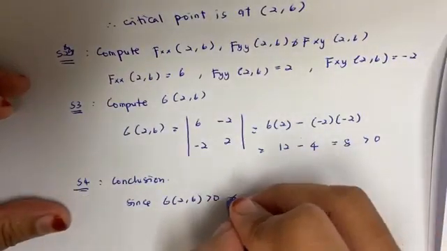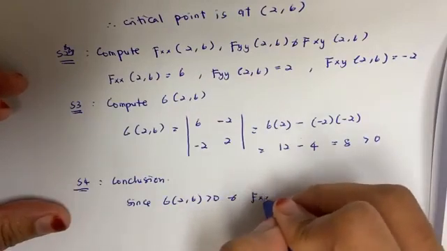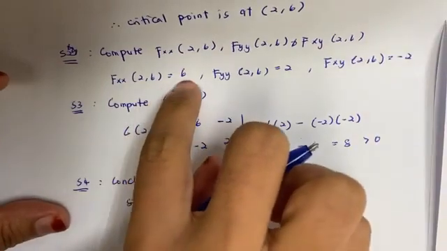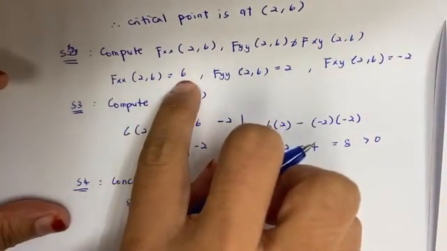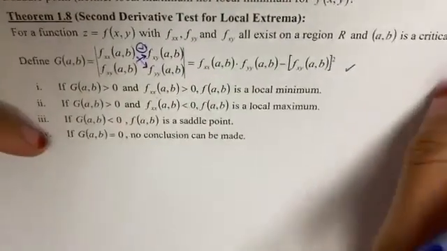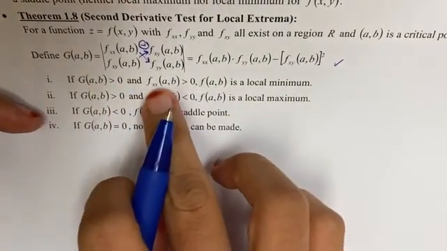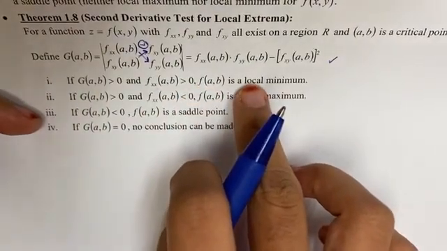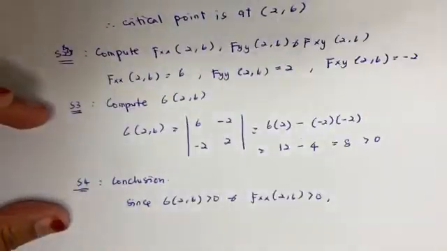And next, look at our fxx at 2, 6. Our fxx at 2, 6 is equal to 6, and 6 is greater than 0. So both G and fxx are greater than 0. So our point is a local minimum.